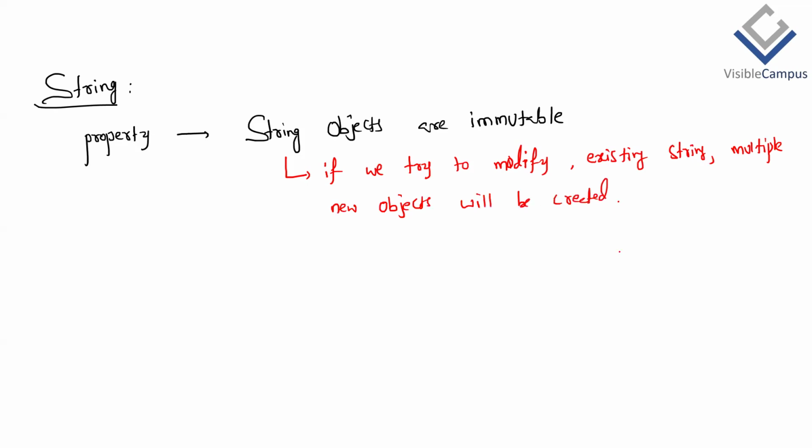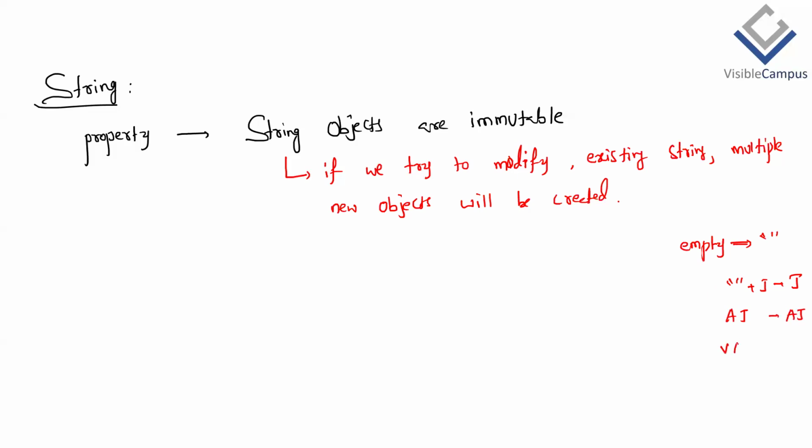Correct or not? For example, if you remember, we take one empty string, using only double quotes. Then to this empty string, we add the first character, J. Then this becomes a new object, J. Then to this J we add A, and it becomes a new object, JA.